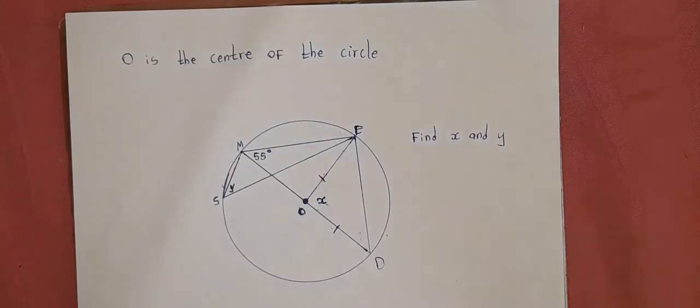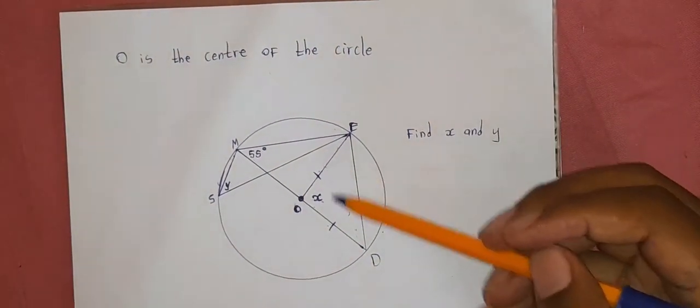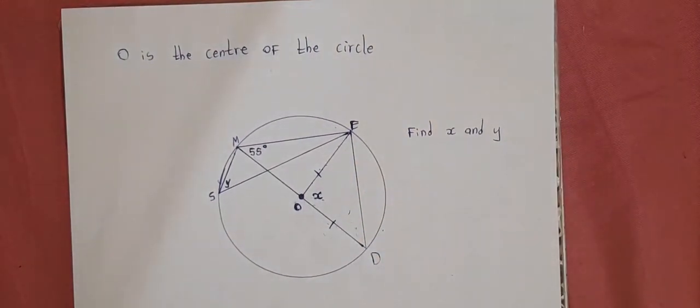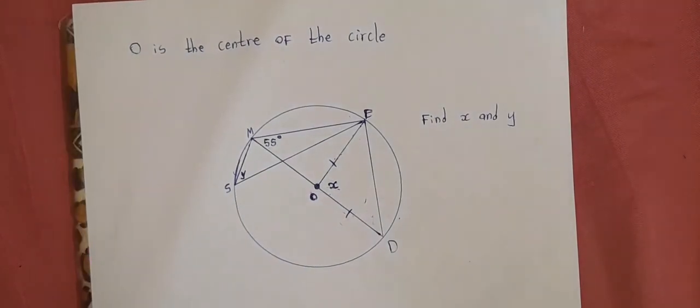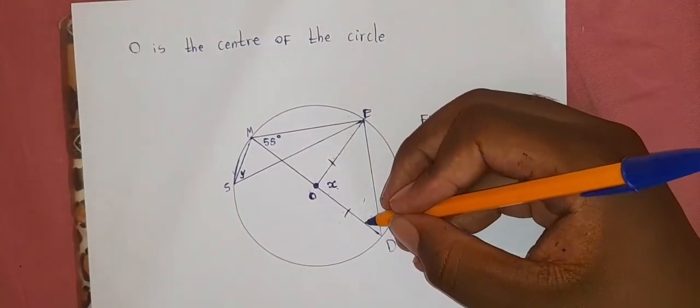You can use one of these three reasons here. We are talking about these angles opposite equal sides, like this here. So we say that this is 35 degrees.